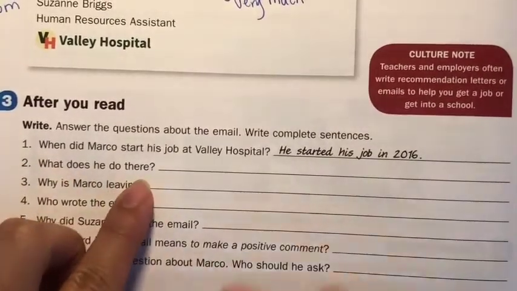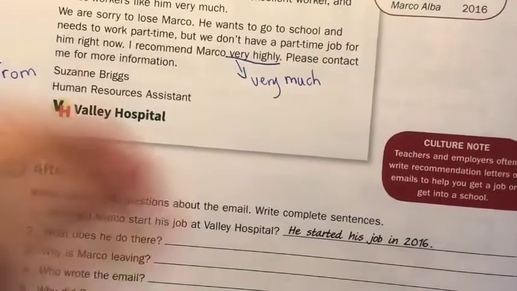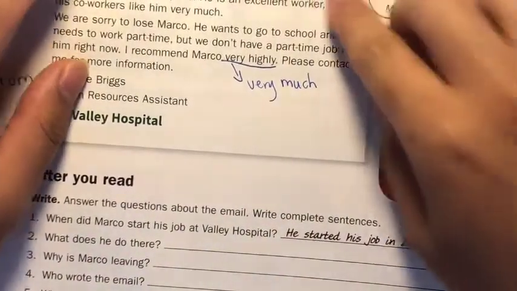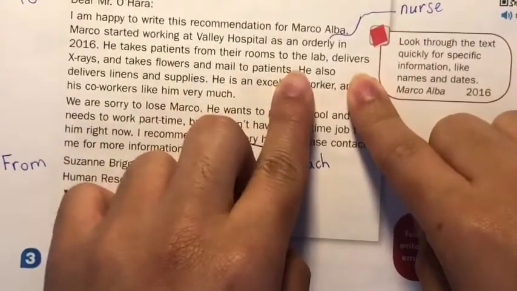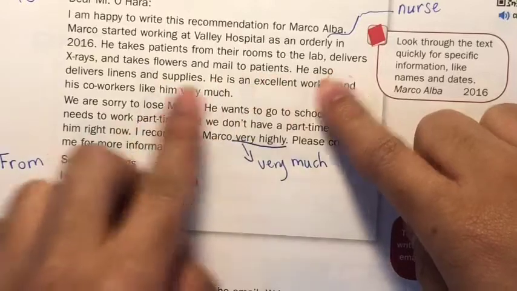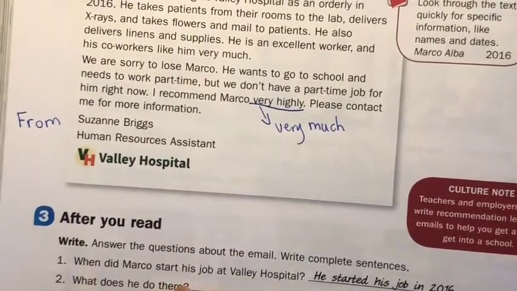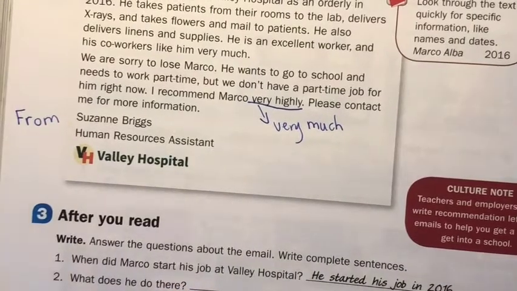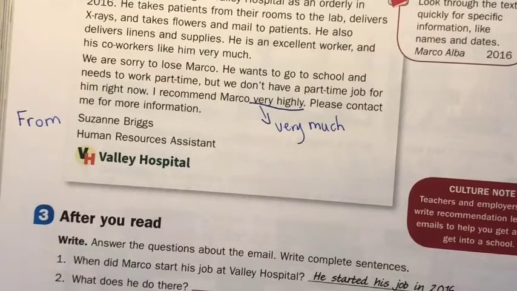2. What does he do there? What does he do at his job? Okay, so right here, he takes patients from their rooms to the lab. He delivers x-rays and he takes flowers and mail to the patients. So you can say one thing about what he does here, or maybe two things. What are his tasks? What does he need to do?